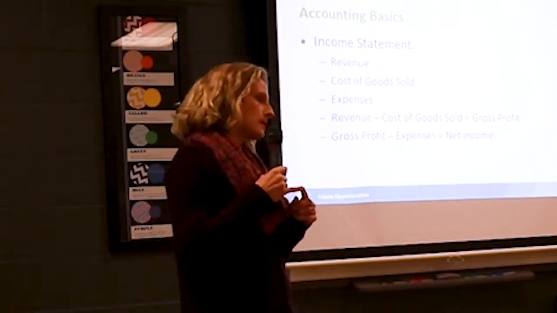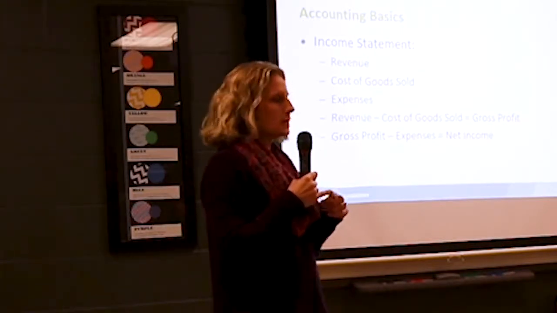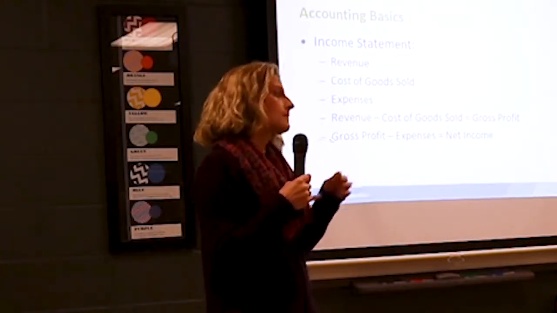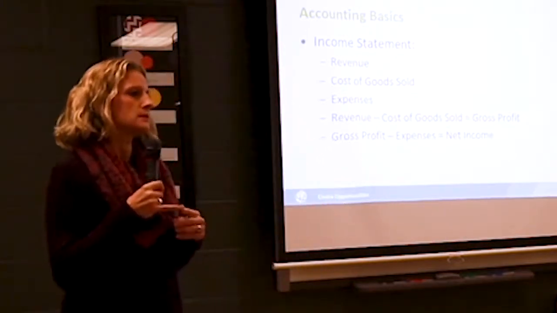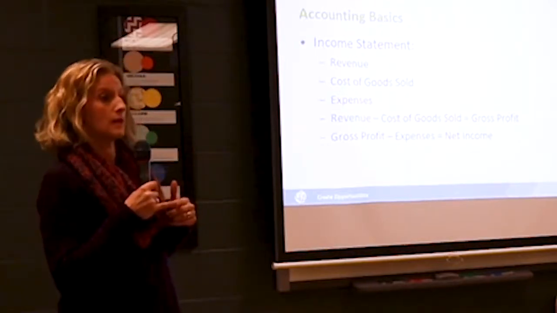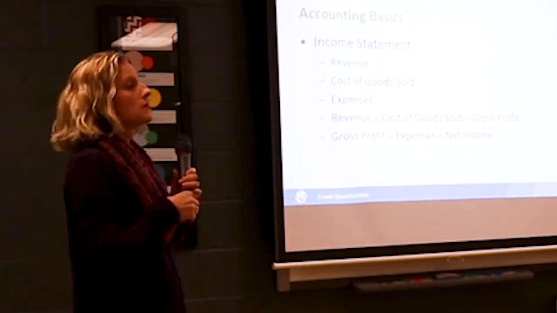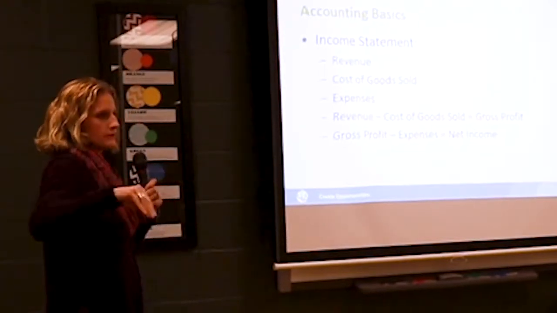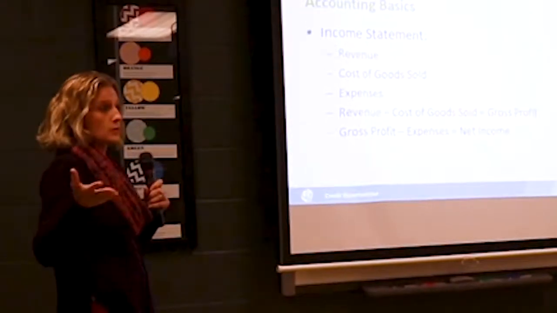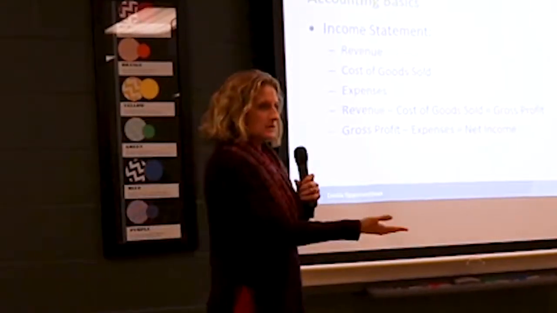Like if you rent a studio, you're going to have to pay that rent no matter how many paintings you sell, right? But then you have your variable expenses that depend on how many products you sell. So if you sell 20 paintings, those variable expenses are the costs that go into that painting, right?